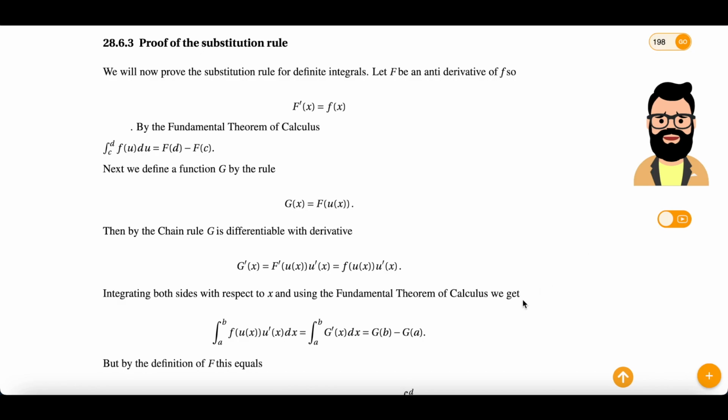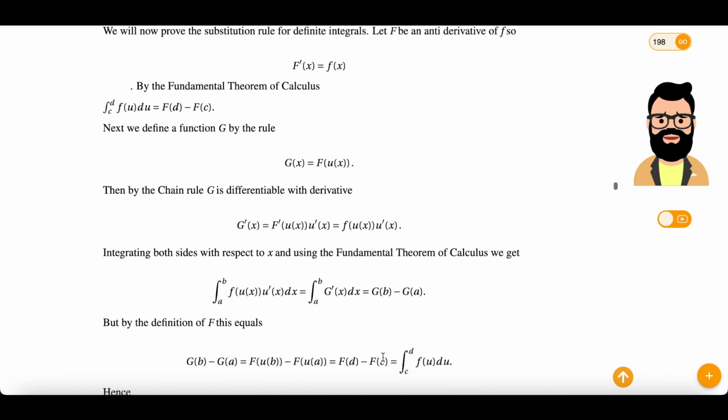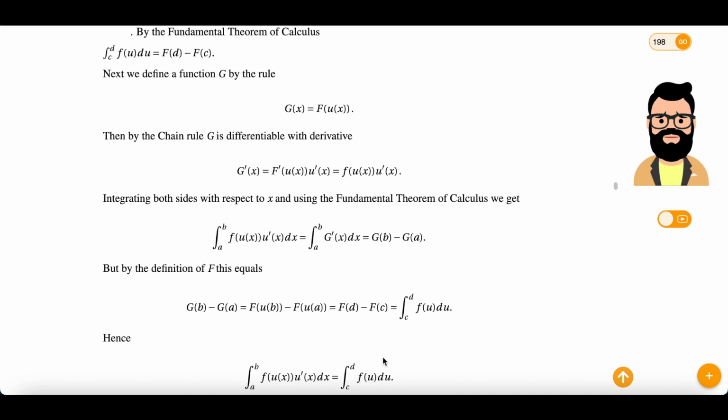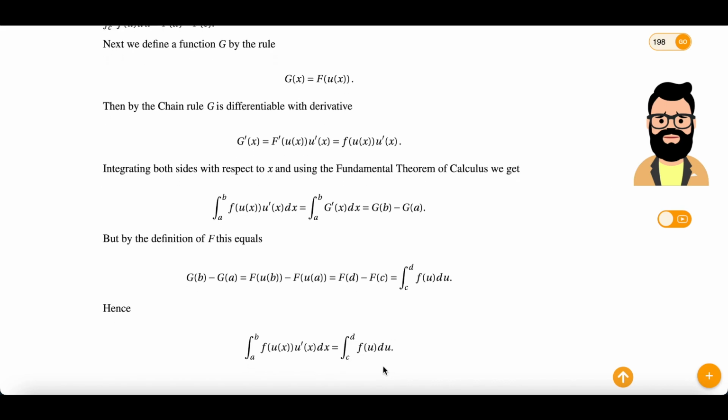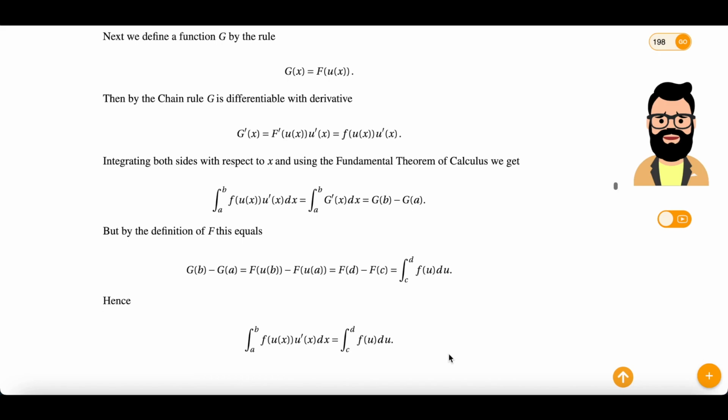Integrating both sides with respect to x and applying the fundamental theorem of calculus, we get the integral of f(u(x))u'(x) dx from a to b is equal to g(b) minus g(a), which is equal to F(u(b)) minus F(u(a)), which is equal to the integral of f(u) du from c to d. This shows that the substitution rule holds for definite integrals.